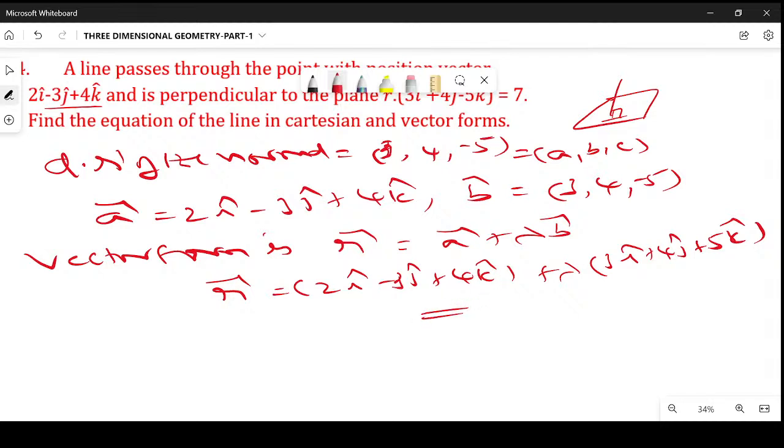They are asking for the Cartesian form. Passing through the point 2, minus 3, 4, right? b bar, we know, is 3, 4, minus 5.